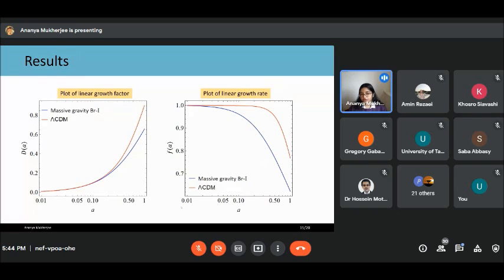And this is our plot for the linear growth factor and growth rate. We have used a slightly increased value for omega m, the matter content, and we have chosen the ratio of the mass of the graviton and Hubble parameter to be 10 to the power of -3.